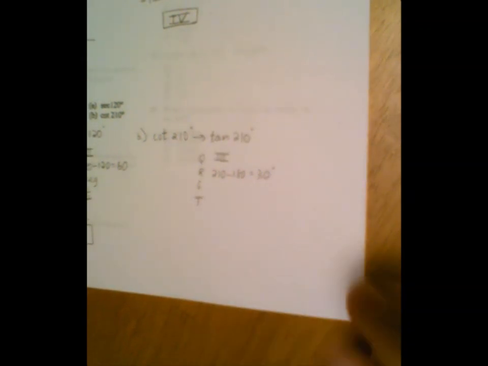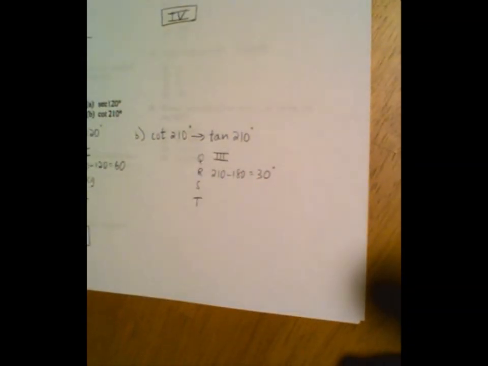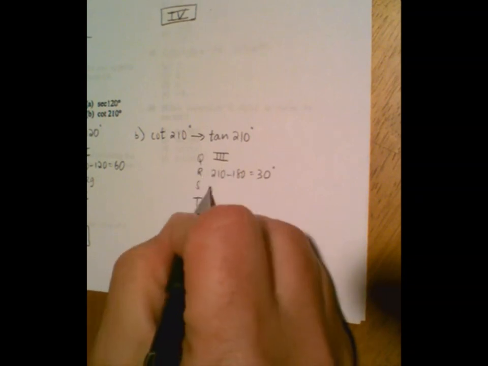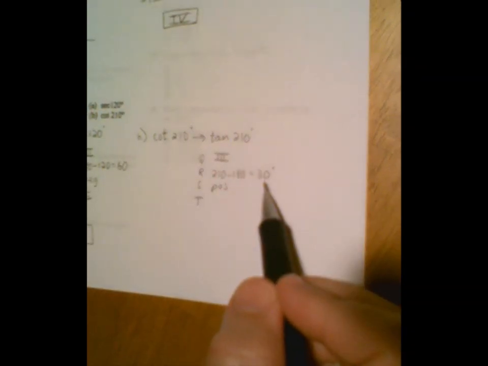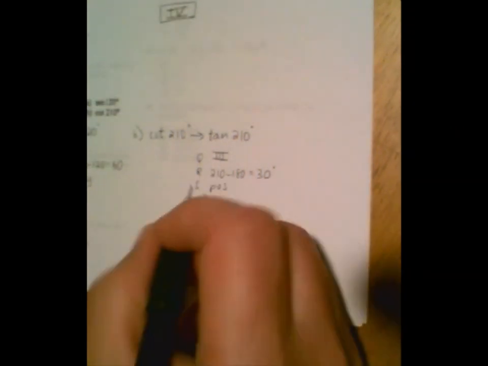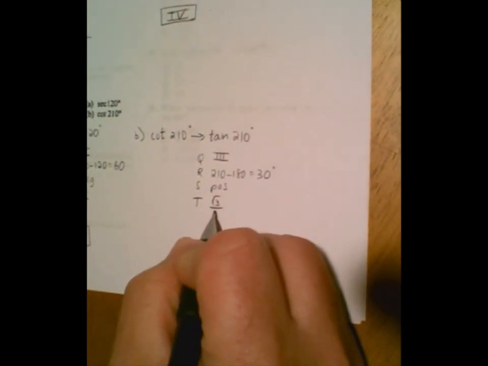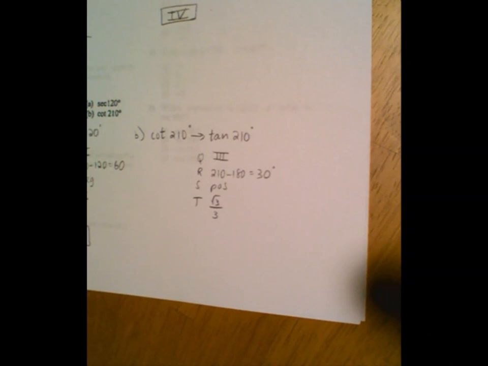In the third quadrant, tangent is positive, and the tangent of 30 is actually the square root of 3 over 3.